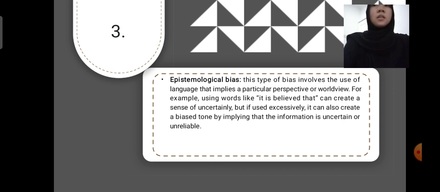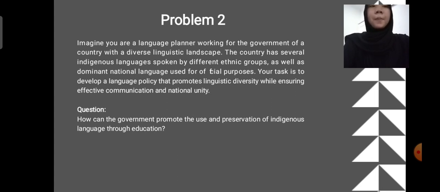For example, using words like "it is believed that" can create a sense of uncertainty, but if used excessively, it can also create a biased tone by implying that the information is uncertain or unreliable. These linguistic features can contribute to bias reporting by creating a particular tone or perspective that influences the audience understanding and interpretation of the news.